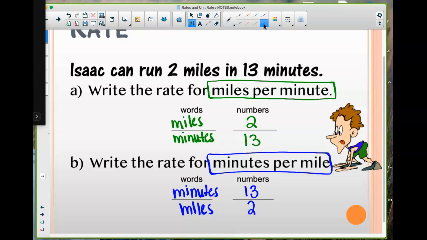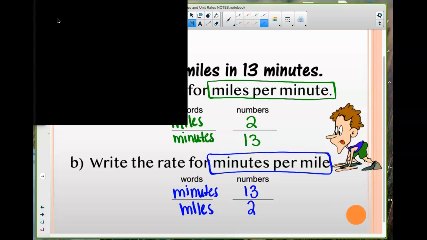So you have to pay attention to what order the words are in. If it's miles per minute or minutes per mile. Okay? Does that make sense to everybody? How you know what order it should go in. Okay, and it'll always say in the problem what you're trying to find.